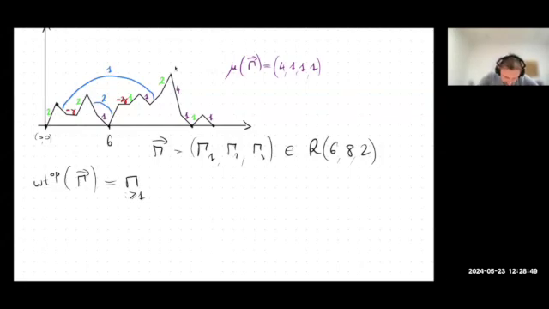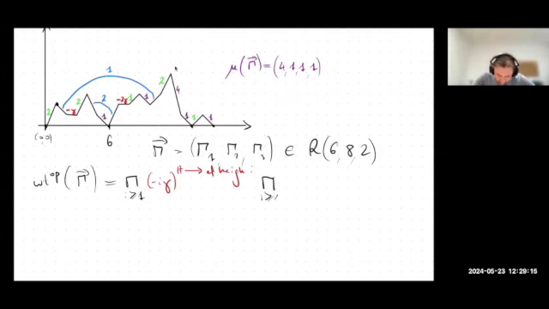So first of all, I'm gonna look at my red weights. What are my red weights? It is minus i times gamma times the number of flat steps at height i. So this is the first part of my weight.